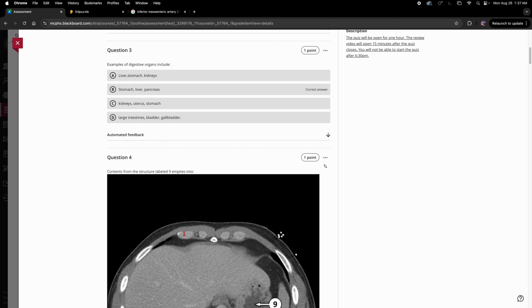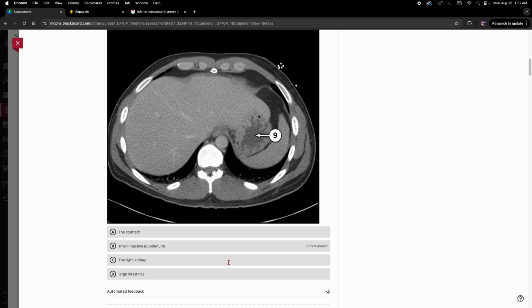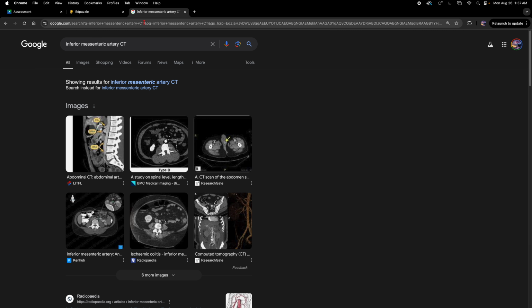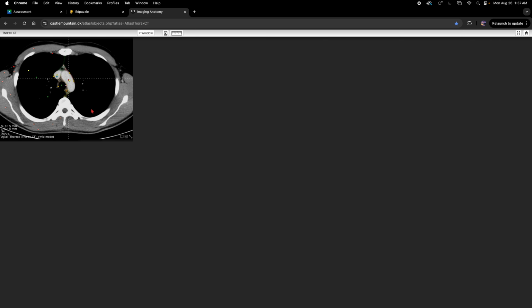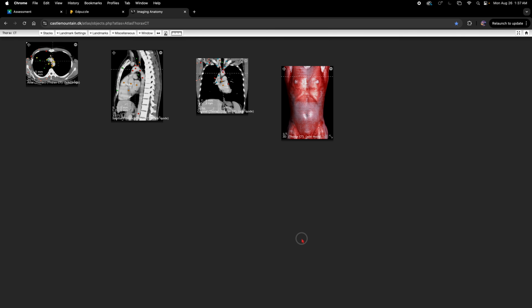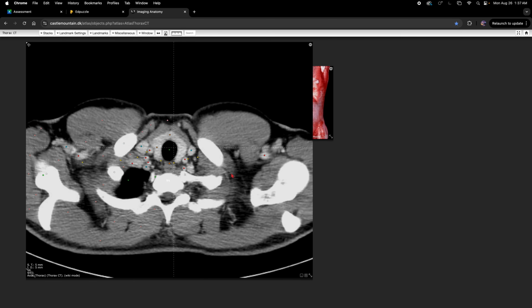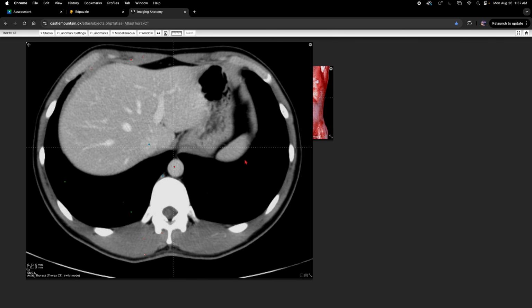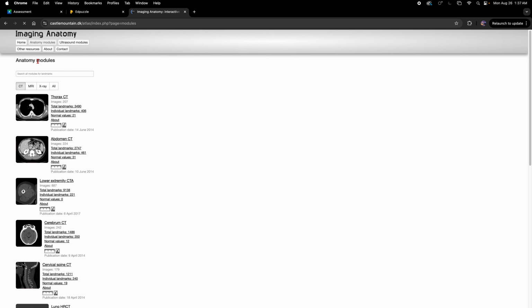Contents from the structure labeled 9 empties into the duodenum. So you would have to know that this is the stomach. We'll just look at that again really quickly. Let's find the abdomen.